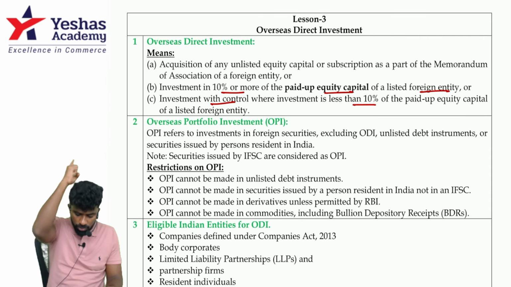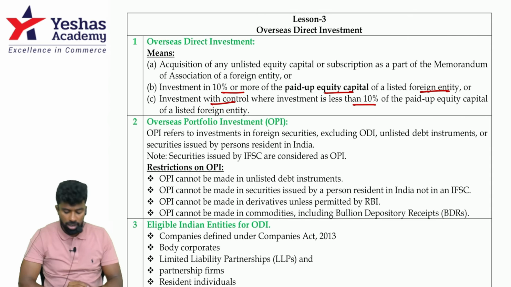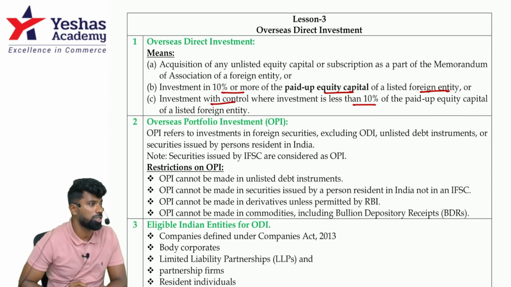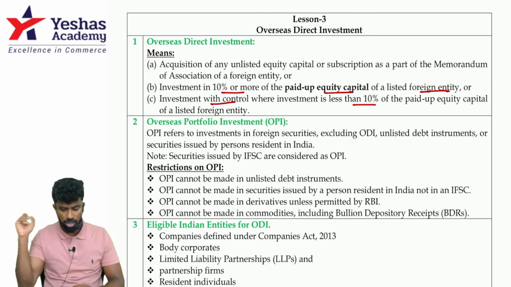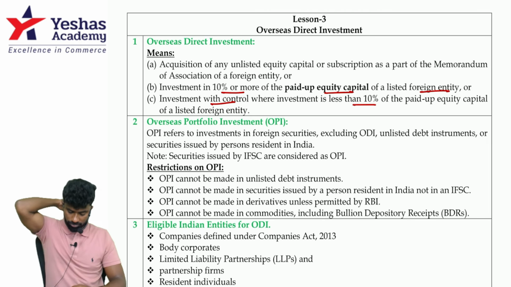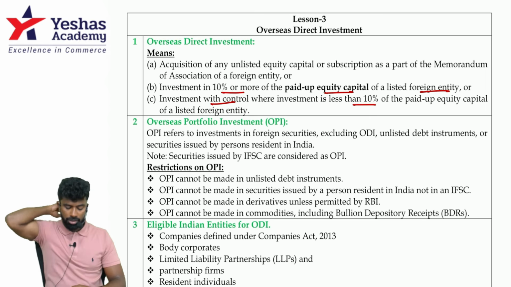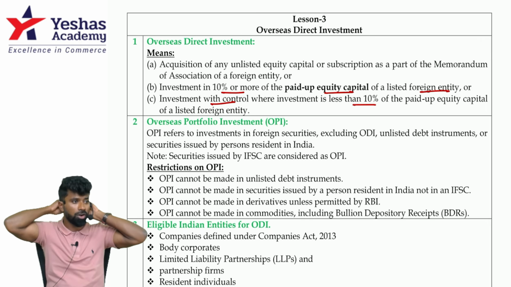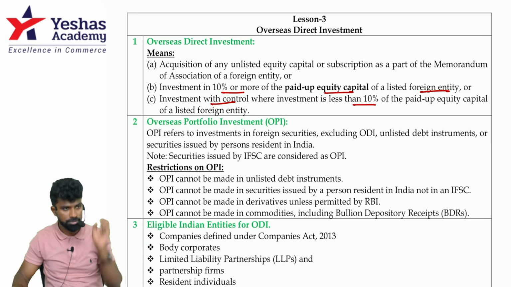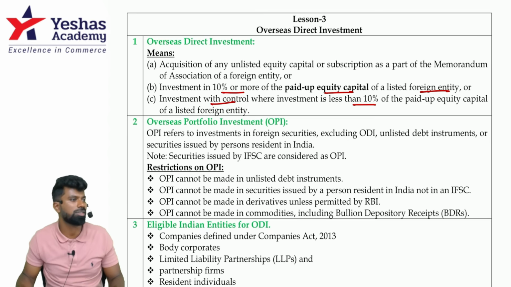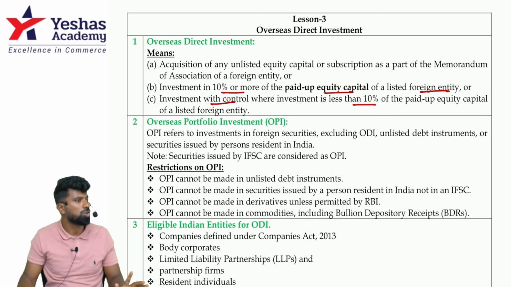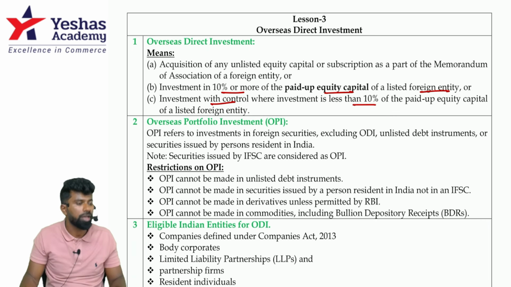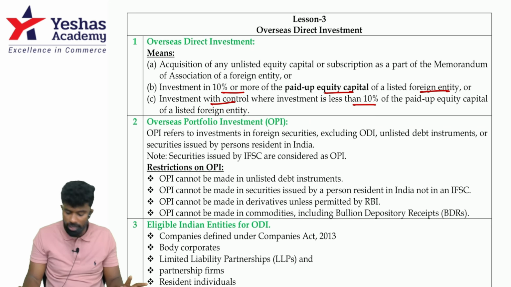Investment in the equity capital of unlisted companies or subscription as a part of the memorandum of association. Second, 10% or more of the paid up equity capital of a listed foreign entity. Even if it is less than 10% of the listed foreign entity, but you invest with control, it is called ODI, overseas direct investment.